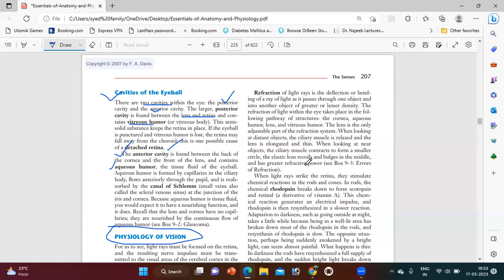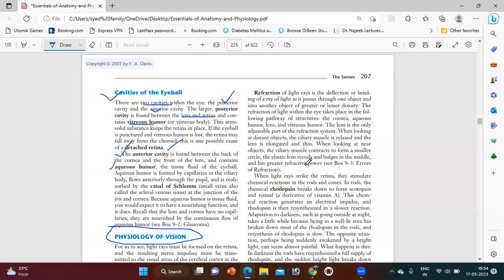Second thing, what will happen when the light rays enter into our lens? If you are seeing distant objects, the ciliary muscle is relaxed and the lens is elongated, because a large amount of light rays want to enter into our eyes with the help of the lenses.